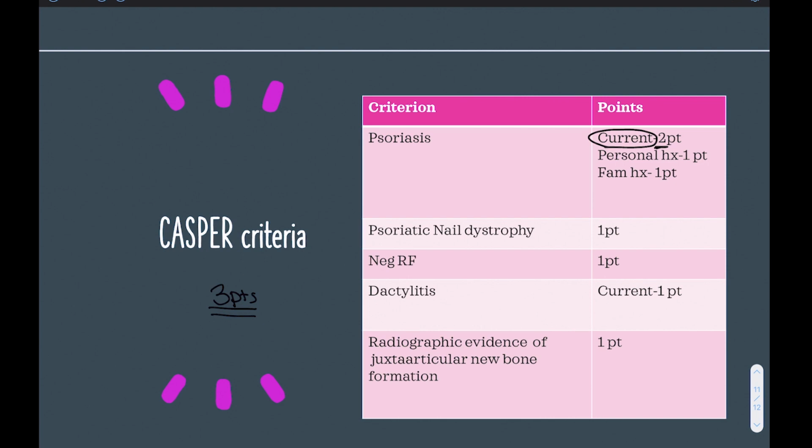Personal history of psoriasis according to the patient or doctor gets 1 point. Family history of psoriasis in a first or second degree relative gets 1 point. Typical nail dystrophy like onycholysis, pitting, hyperkeratosis during current physical exam gets you a point.